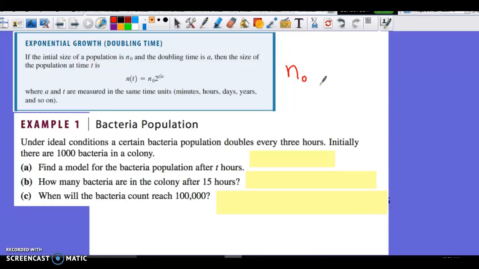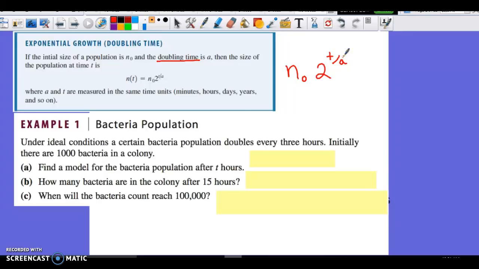So you have initial velocity, v sub 0. And then we've got 2, because this is our doubling time formula, to the time divided by A. The important thing is that these are measured in the same unit. So you don't want minutes and then hours. You want minutes, minutes, hours, hours, days, days.